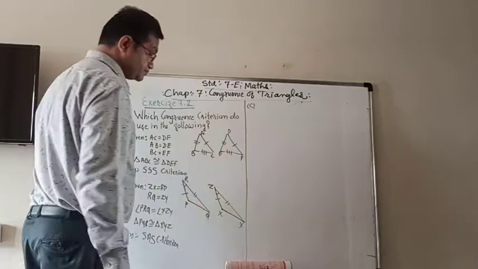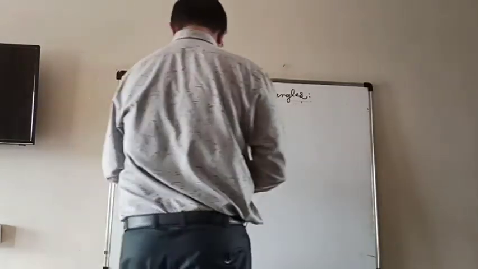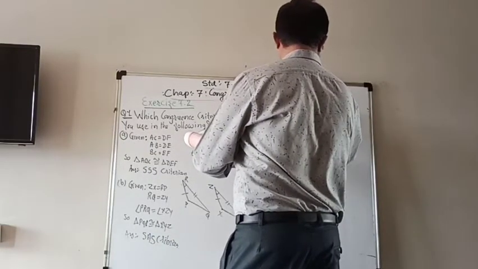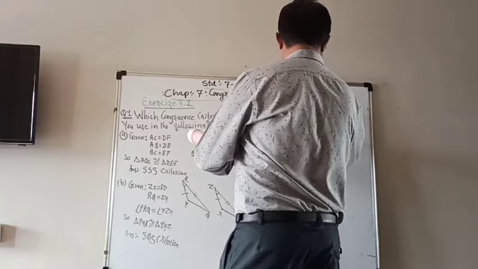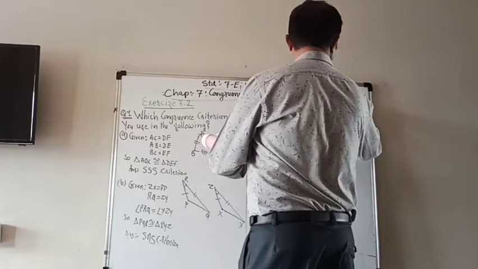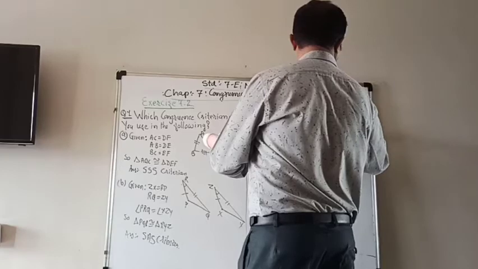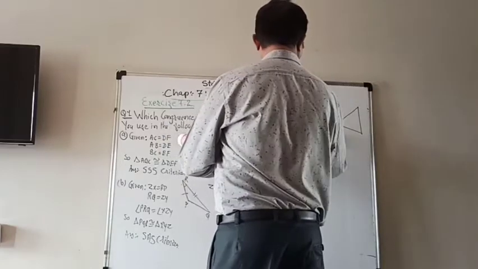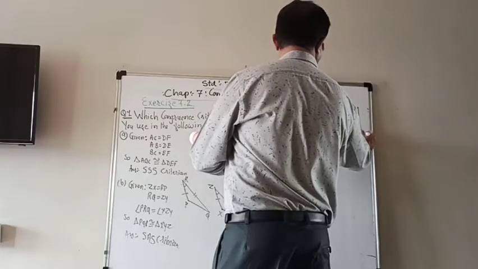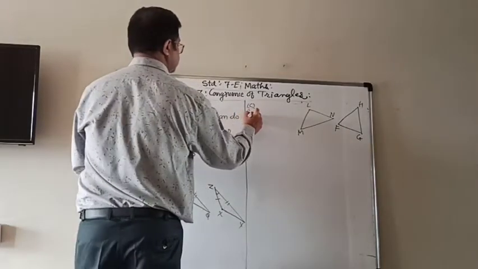Next, C. Here two triangles are L, M, N, F, G, H. And what is given here?